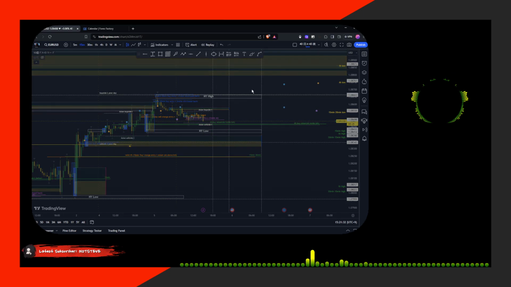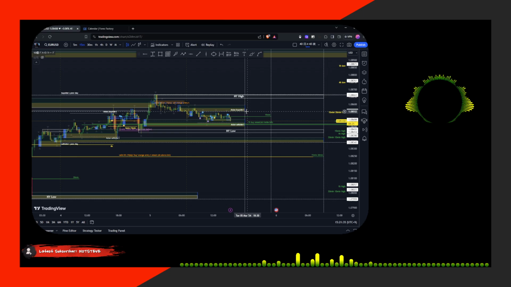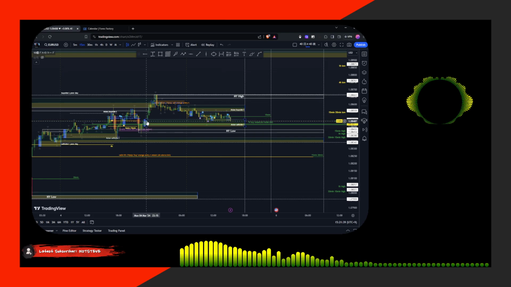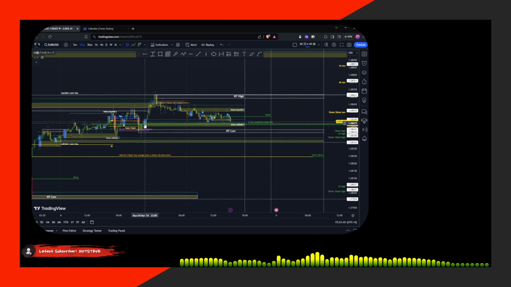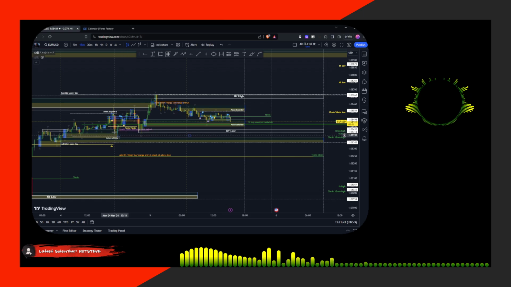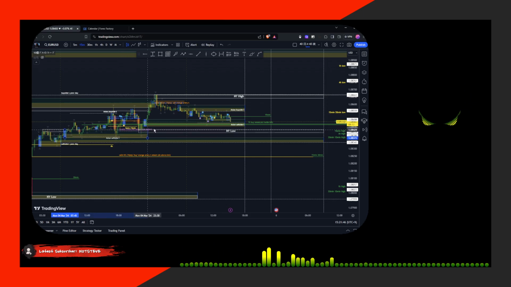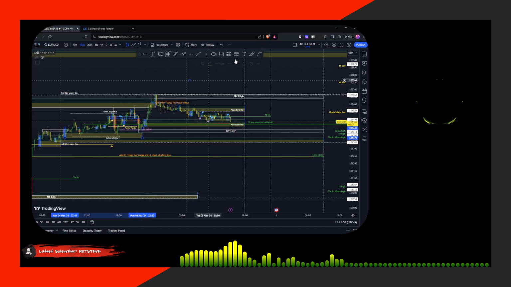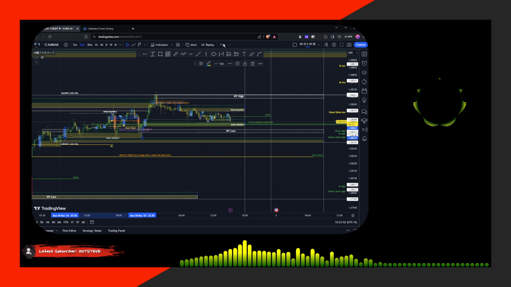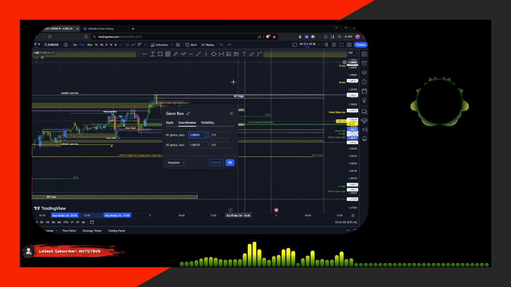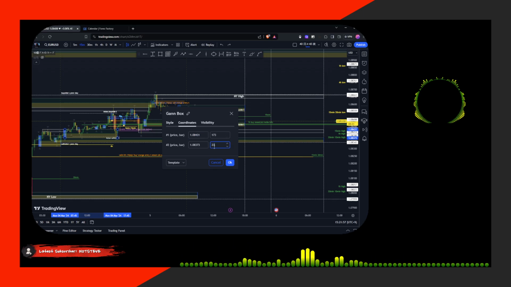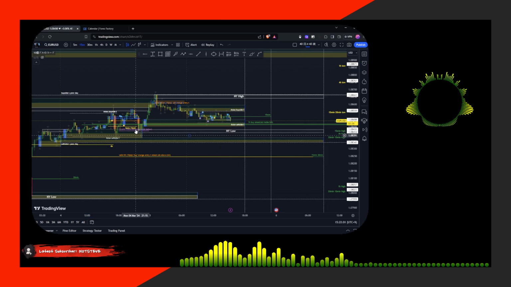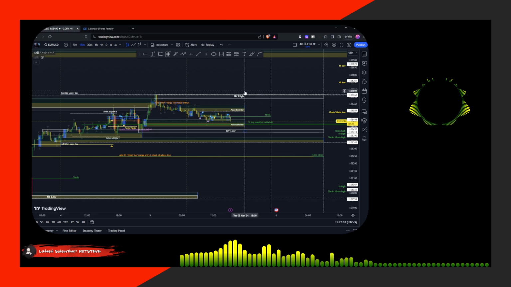On the 15 minutes, we see we are starting to come into this bullish OB over here, and we are more likely to get a reversal from these levels over here, continue pushing the price up.